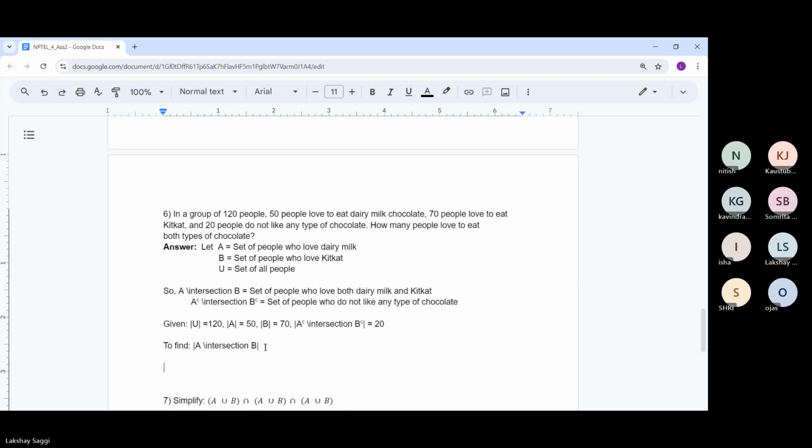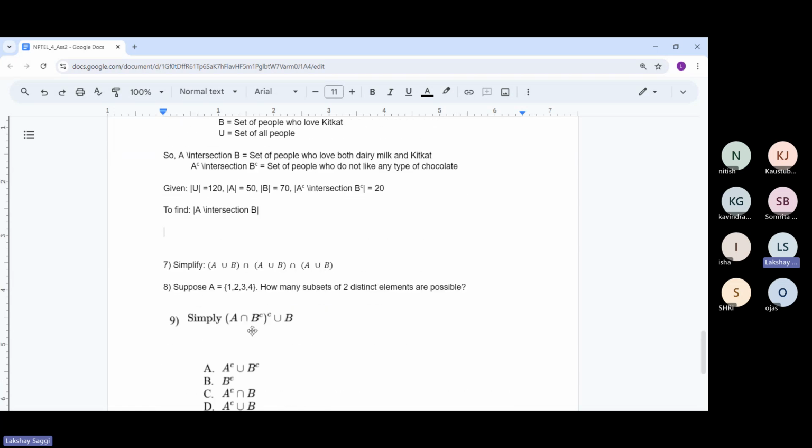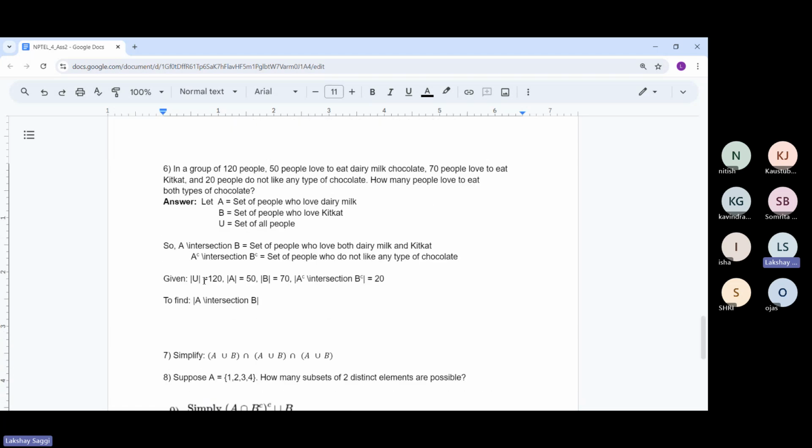So any ideas? How do we do this, guys? Maybe you can think about it yourself also. We don't have too many difficult questions after this, so I'll give you guys 5 minutes to think about it yourselves and try to answer this. I'll mute myself for 5 minutes.